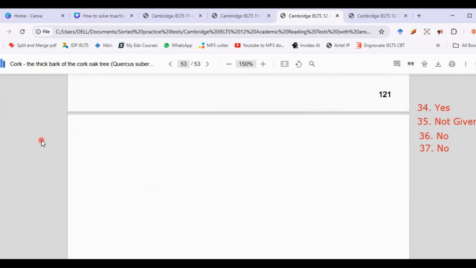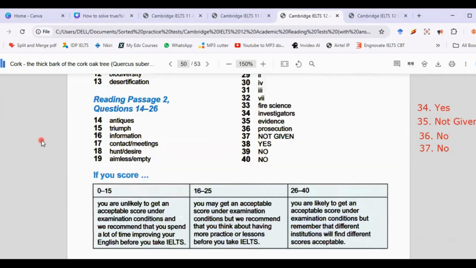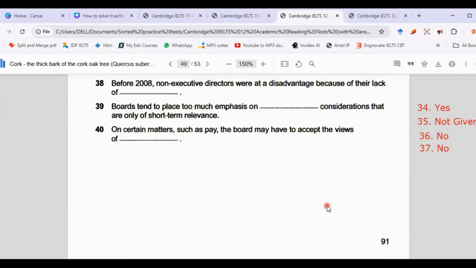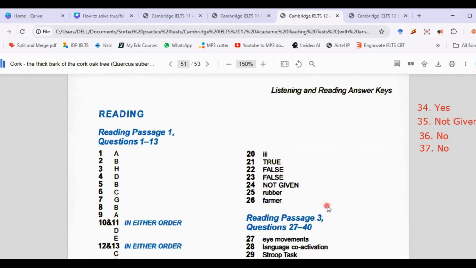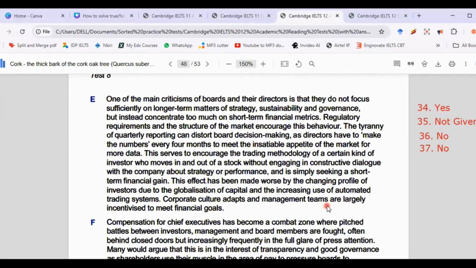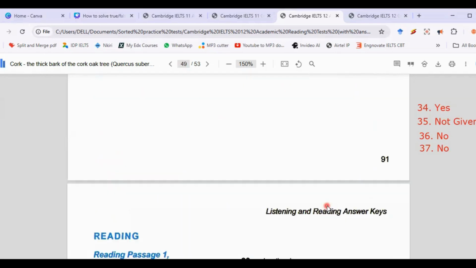Let's check out our answers. This is test 6. Hold on, where's test 6? This is test 5. This is test 6. Hey, what am I solving? Sorry. Okay, it's the last test.